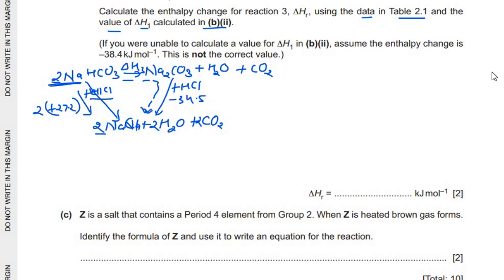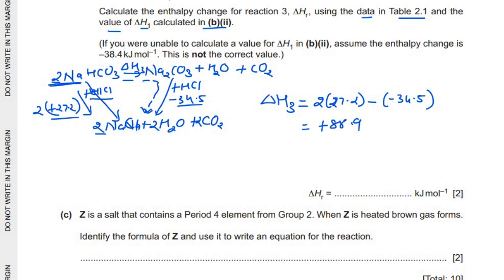So to calculate delta H3, we need the direct minus the indirect value. So we have 2 times 27.2 minus minus 34.5, and we get the value as plus 88.9 kilojoules per mole. So our value is positive 88.9 kilojoules per mole.